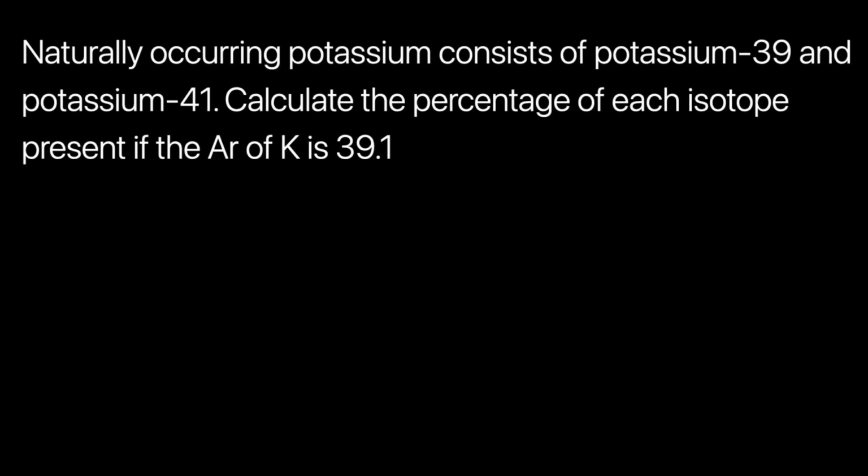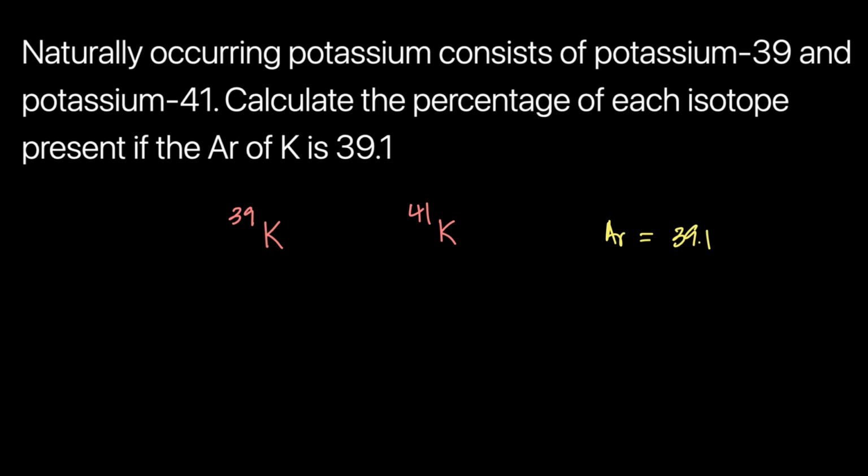This one, also given in your notes, is naturally occurring potassium consists of potassium 39 and potassium 41. So they're saying that we have potassium, which is K, the element. One isotope is potassium 39, and the other isotope is potassium 41. Knowing that the AR of potassium is 39.1, what is the abundance of each isotope?